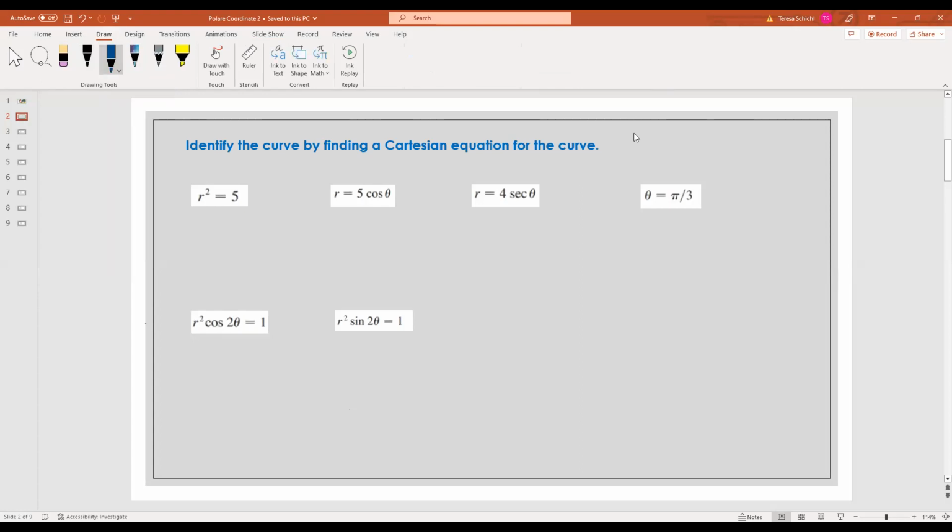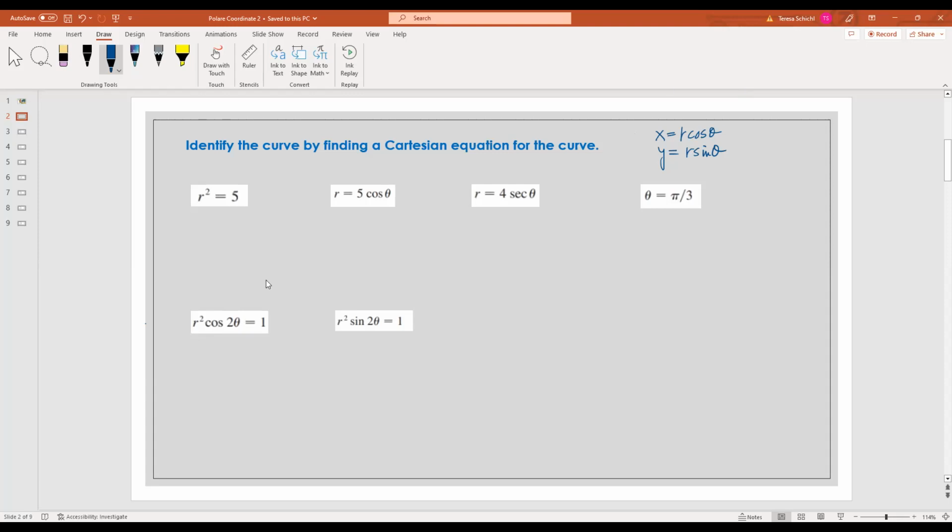Let me put down the relation: x equals r cosine theta and y equals r sine theta. This is what we learned from the first video.